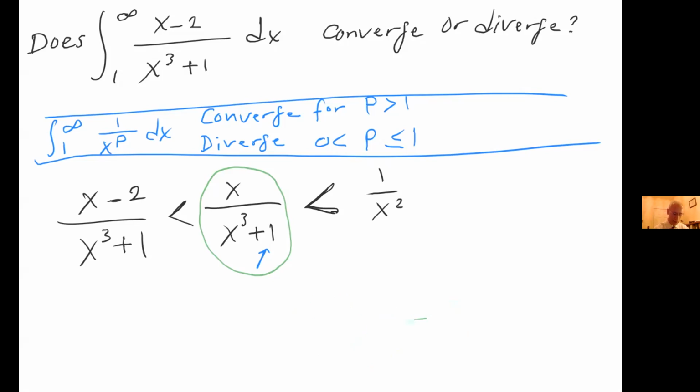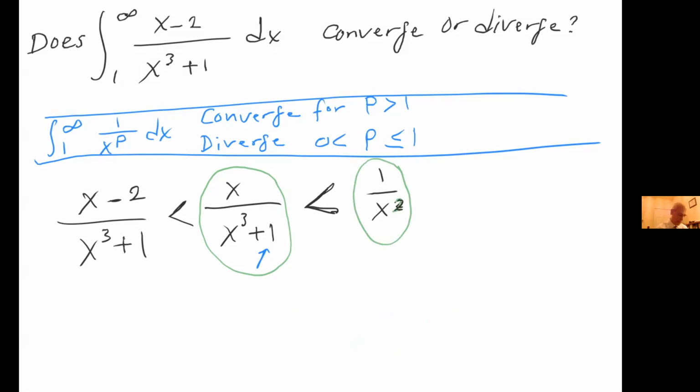Now let's focus on here, which is just like the information that we have. The integral from 1 to infinity of 1 over x squared is converging because the power is greater than 1, it's 2.